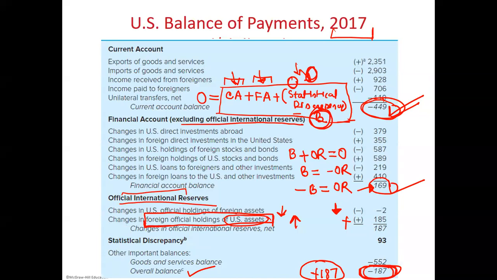This is when foreigners increase their holdings of our assets more, and we reduce our holdings of foreign assets more. In that case, we should see the positive balance of the official international reserve. So this is all about the overall balance discussion.